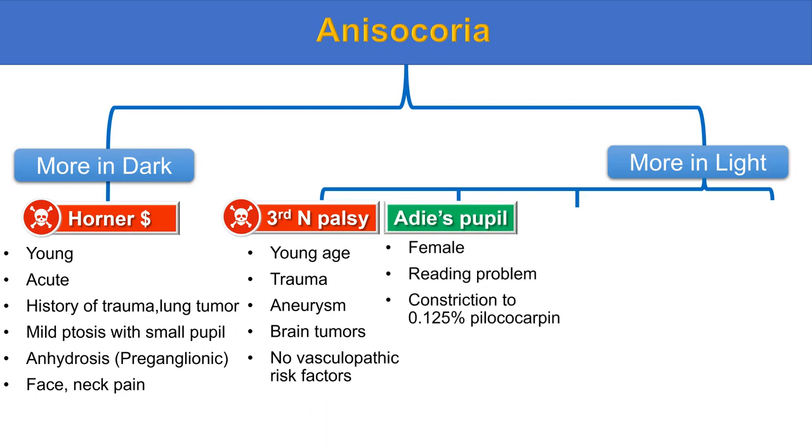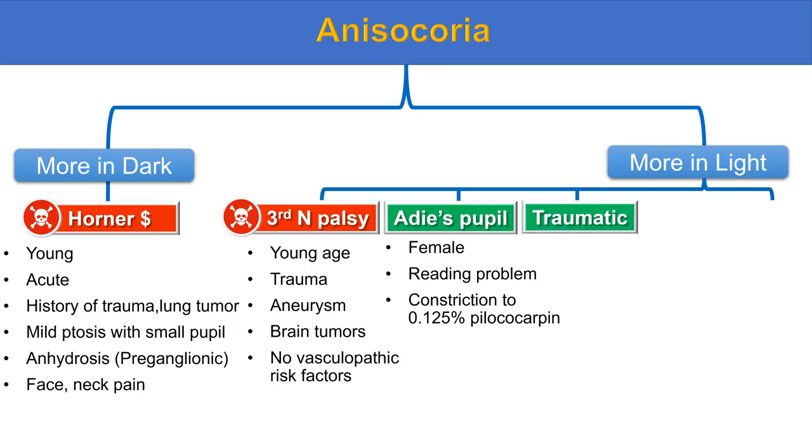Adie pupil, you consider if the patient is female. I forgot to tell you that Adie is more common in females and more commonly unilateral. Two thirds of cases are female, and two thirds of cases are unilateral. It presents with reading problems, and it responds to constriction with 1.25 pilocarpine.